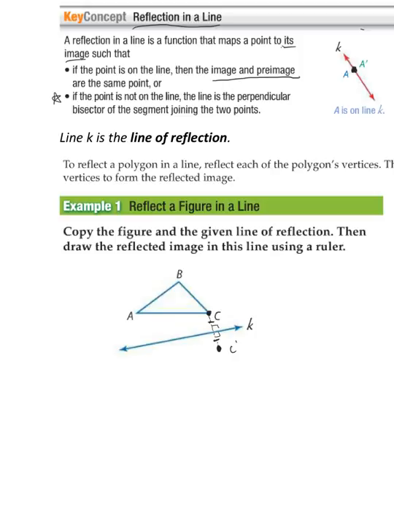All right, and we would do something similar here for point B. We just continue this, again trying to be perpendicular to line K as best we can. Oh, a little off there.